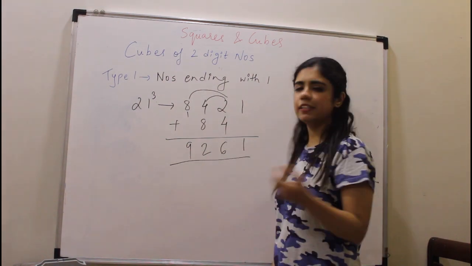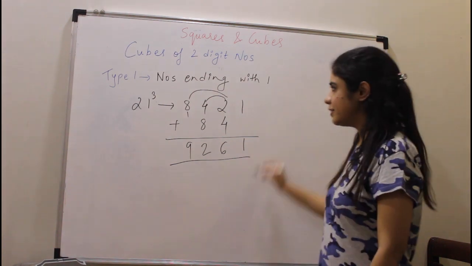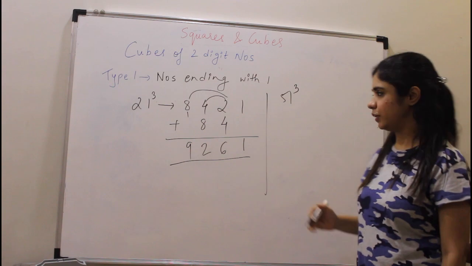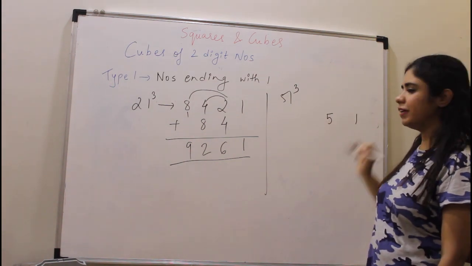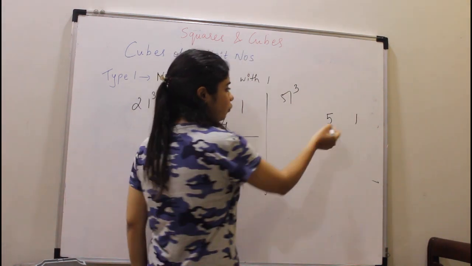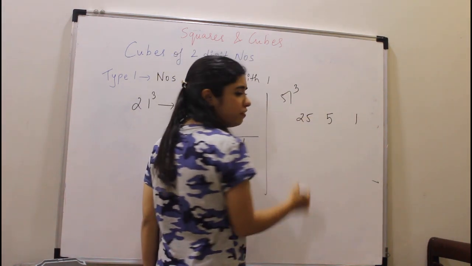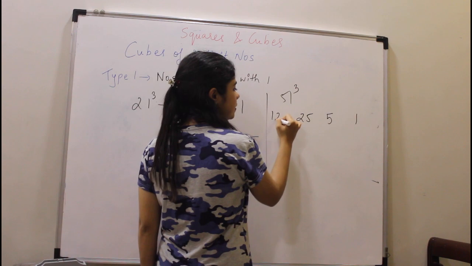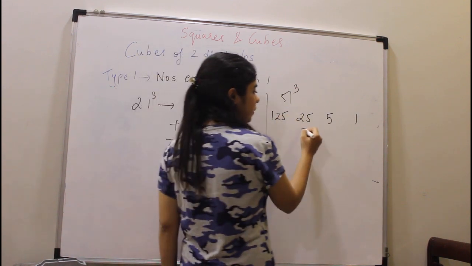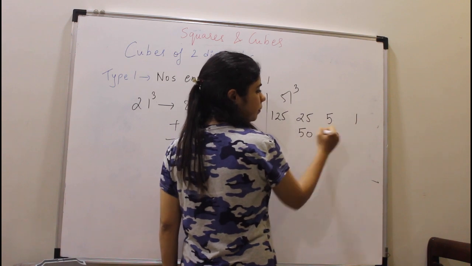So if you realize it hardly took any time. Let's say for example, if I ask you what is 51 cube, ठीक है? 51 cube. तो 5 and 1 will be written as it is. Just remember, 5 के left में हमको लिखना है. तो 5 के left में 5 square is 25 and 5 का cube is 125. Now if I double the two, 25 will become 50, 5 will become 10.